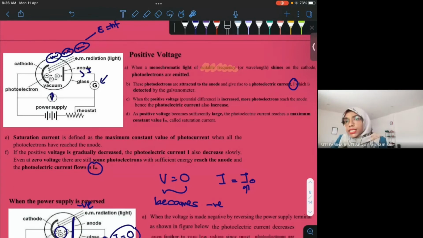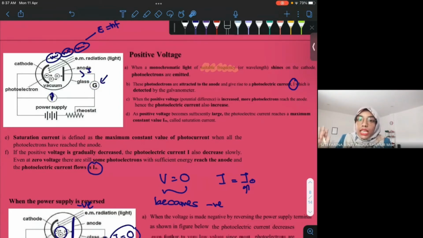Okay, and then kita adjust lagi rheostat supaya voltage kita lagi besar. Bila voltage lagi besar, anode jadi lagi kuat untuk absorb lebih banyak elektron. Bila dia absorb more electron towards dia akan allow more current to flow. Until one particular point when you see that your galvanometer reading of the current has stopped increasing.